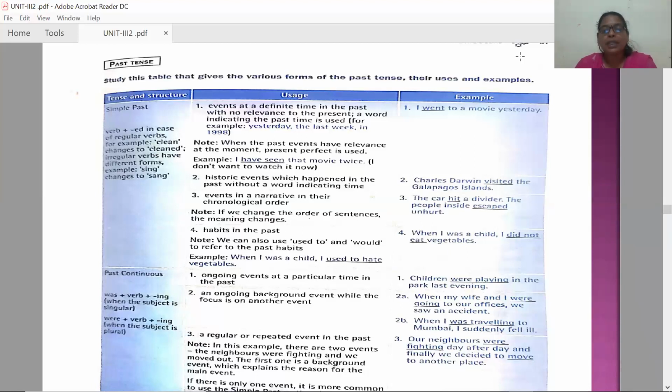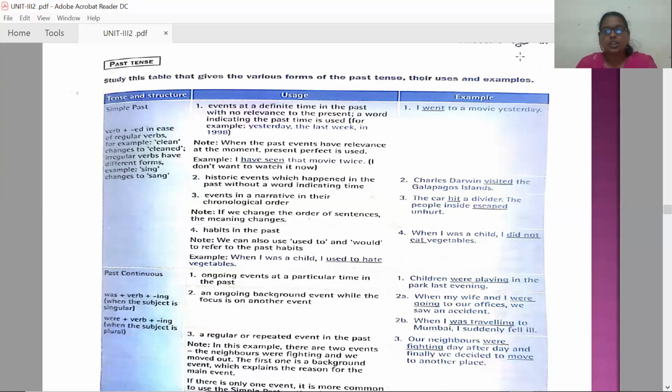Two past events happened here, an ongoing background event while the focus is on another event. What was the focus here in the second example? When my wife and I were going to our offices, we saw an accident. The focused event is we were going. When my wife and I were going, that was the ongoing past event, and the other one is we saw an accident.